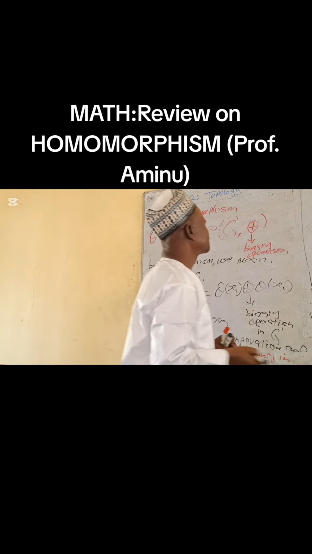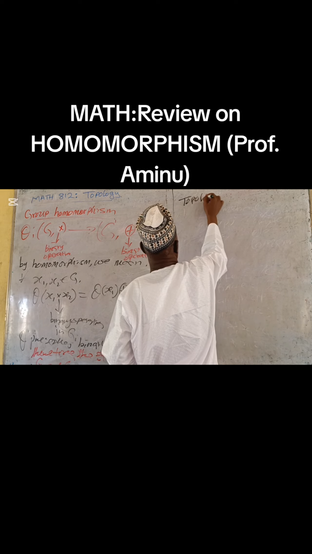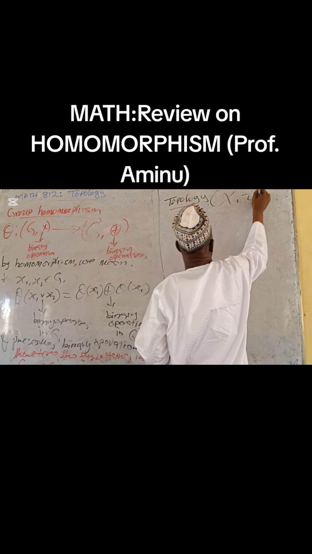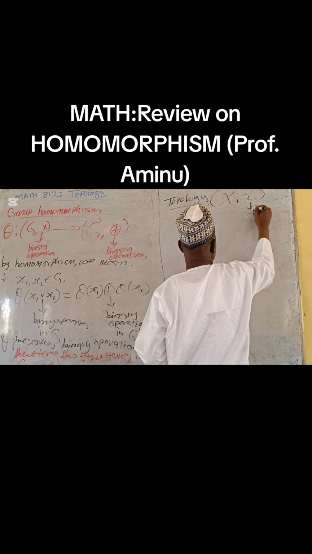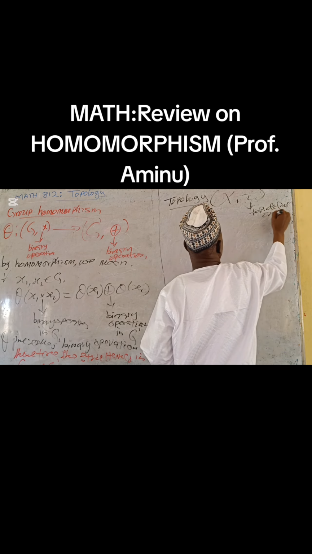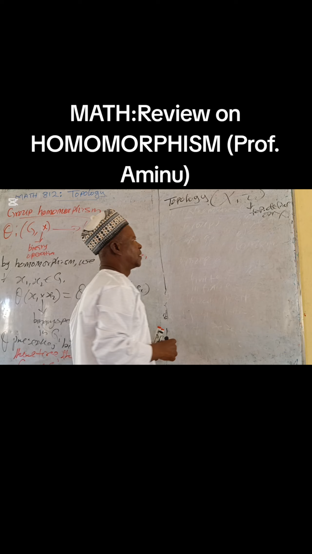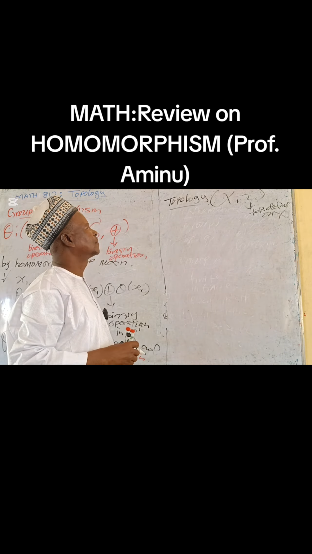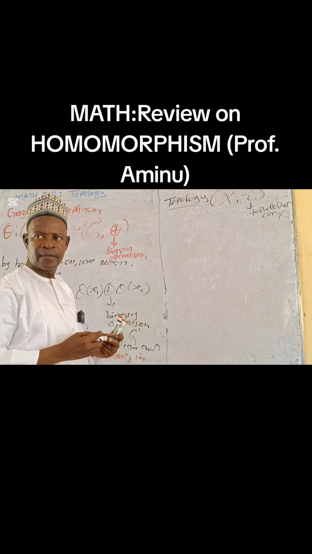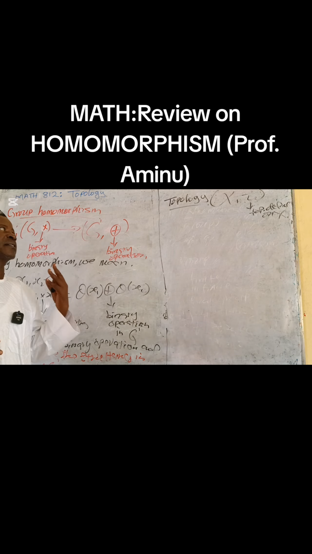Okay, good. Then the topology itself as a structure: X tau, where tau is the topology defined on X. Okay, so what is topology? It's like an operation, isn't it? Defined on the set X, a non-empty set.